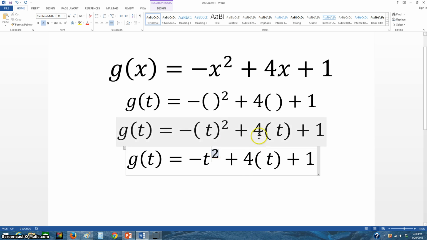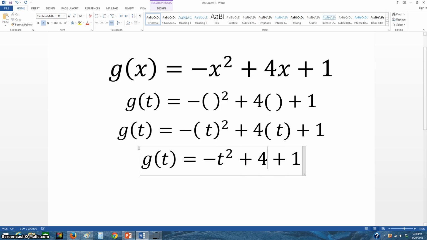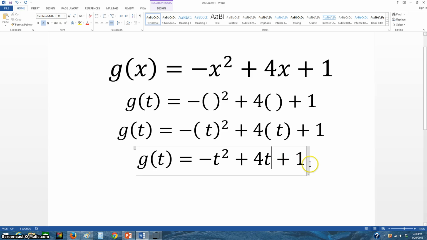Then 4 times t is just 4t, and then plus 1. So our answer for g of t is equal to negative t squared plus 4t plus 1. Okay, so that's the answer for the B part.